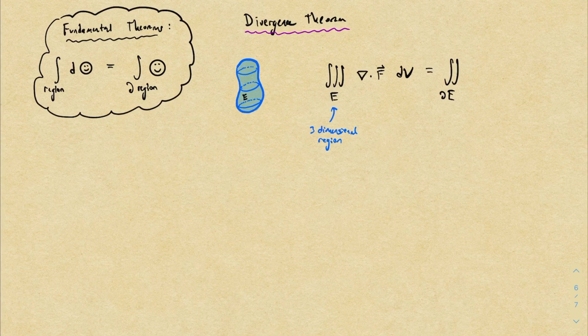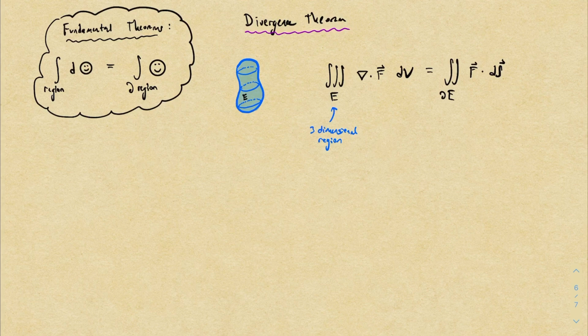It's going to be a surface. You should think about the boundary of a three-dimensional region as being the shell. So that tells us that the kind of integral we have on the right-hand side is a surface integral. If I remove the derivative sign from the vector field, I'm left with just the surface integral of the vector field over the boundary.